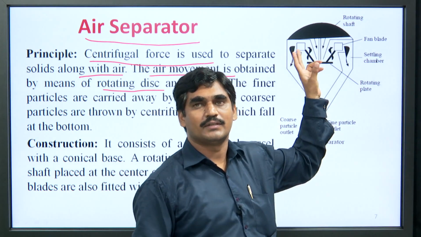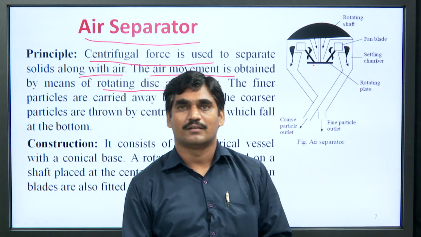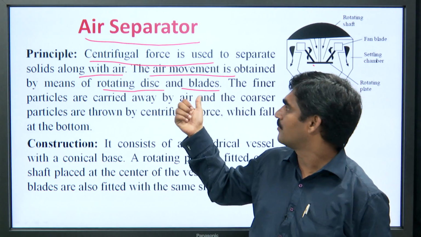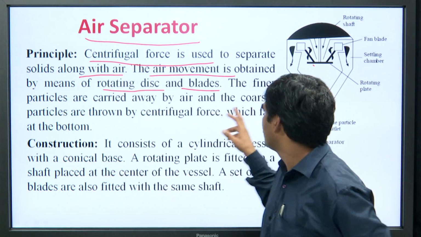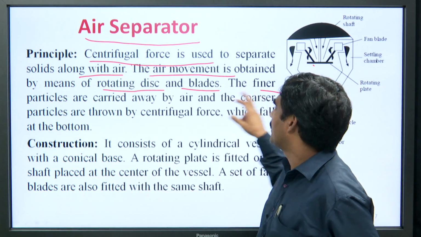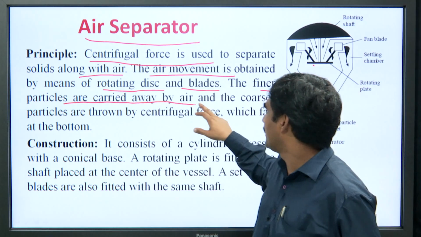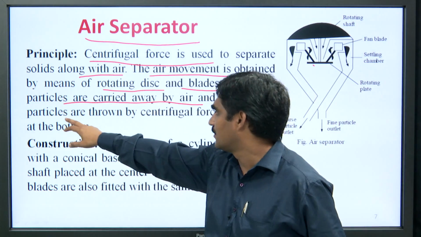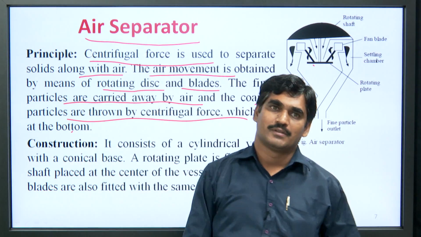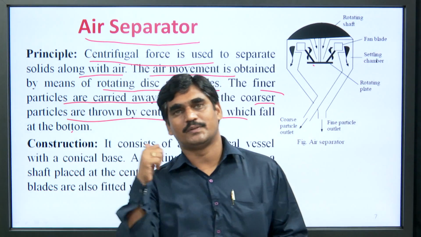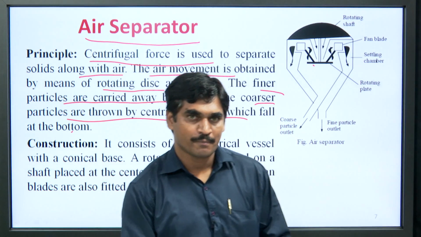With the rotation of the fan blade or plates, air movement is controlled, and with the help of this the particles are separated. The finer particles are carried away by air and the coarser particles are thrown by centrifugal force and fall at the bottom. So, this is the principle behind the working of this air separator apparatus.